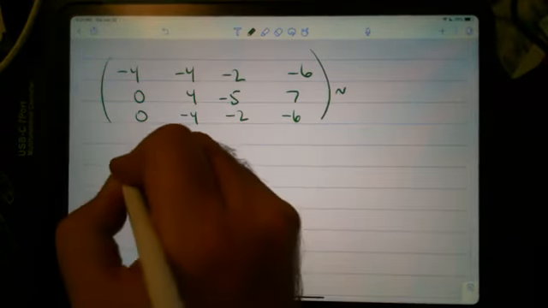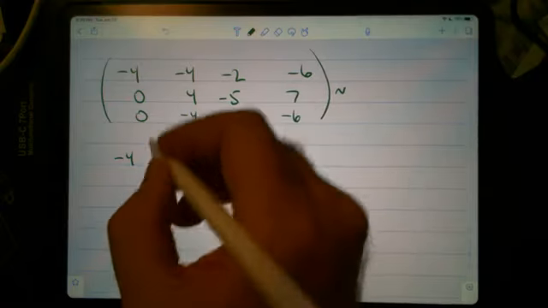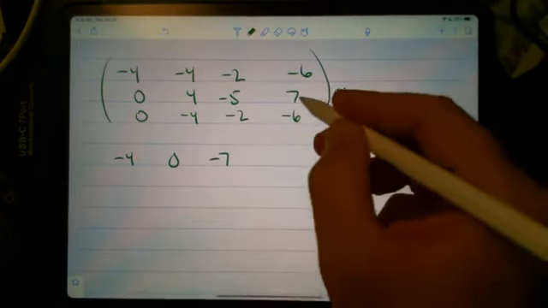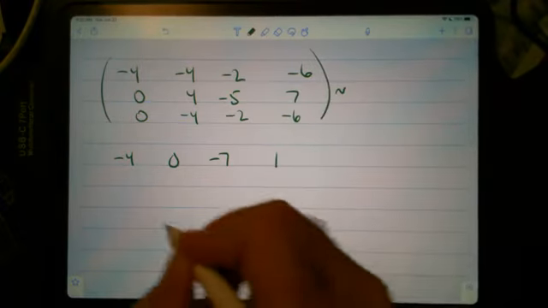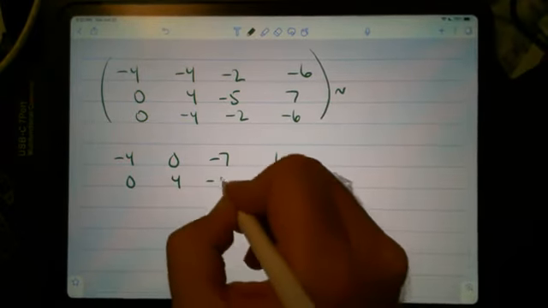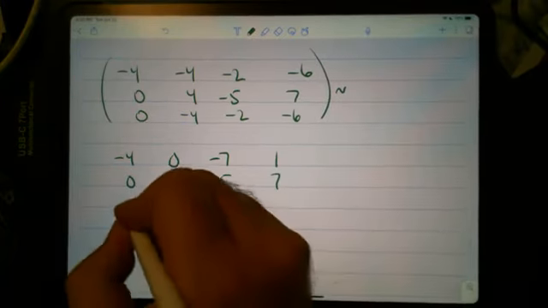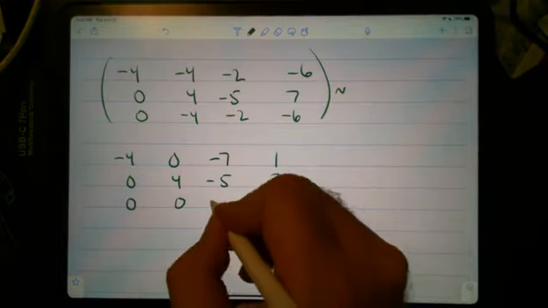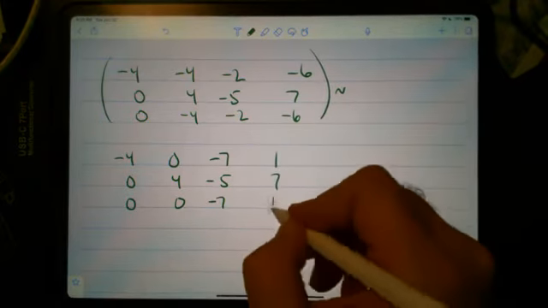So this will give me -4. 4 minus 4 is 0. -5 minus 2 is -7. 7 minus 6 is 1. 0, 4, -5, 7. And then 4 minus 4 is 0. -5 minus 2 is -7. 7 minus 6 is 1.